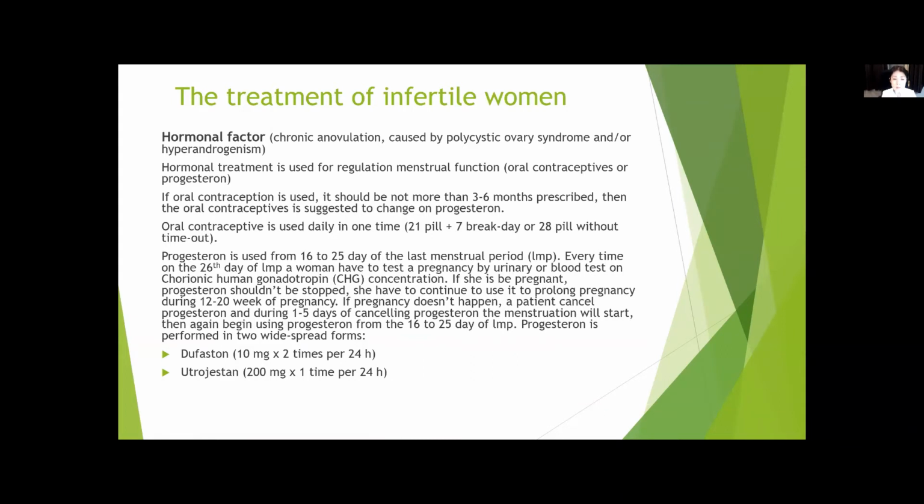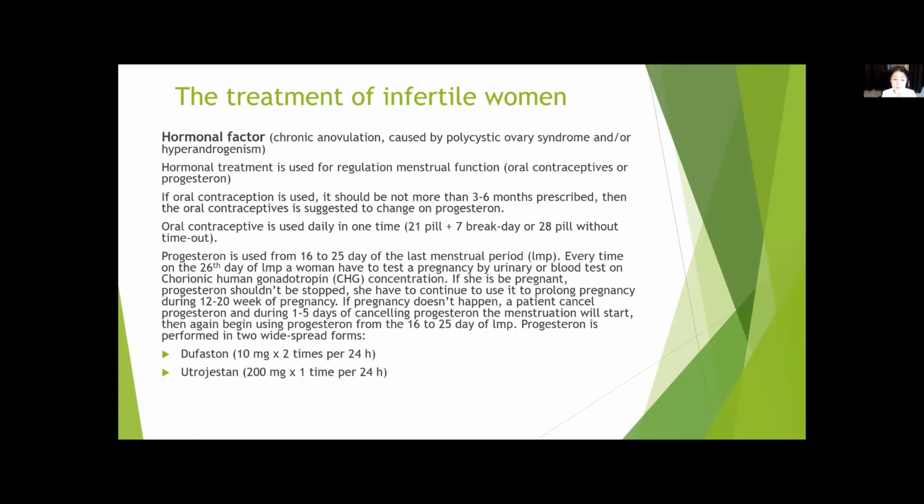Then the oral contraceptive is suggested to be changed to progesterone. Oral contraceptive is used daily at one time, 21 pills plus 7 break days, or 28 pills without timeout. Progesterone is used from the 16th up to the 25th day of the last menstrual period.